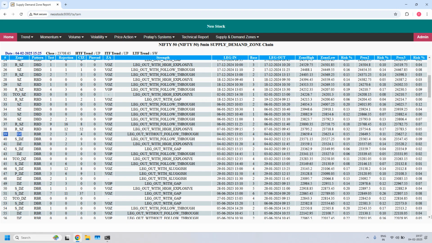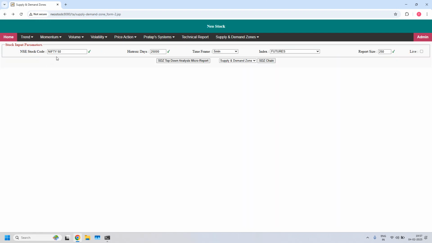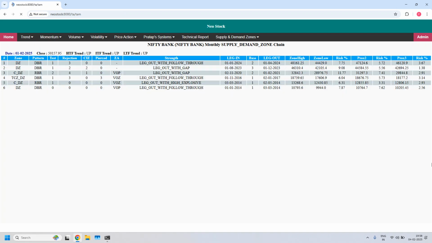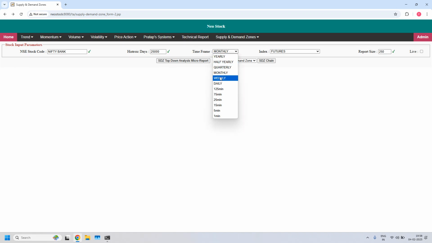Next we will generate Bank Nifty supply demand zone chain. I am going back. So Nifty Bank, that is nothing but Bank Nifty, generating monthly supply demand zone chain for Bank Nifty. Next, weekly supply demand zone chain for Bank Nifty.